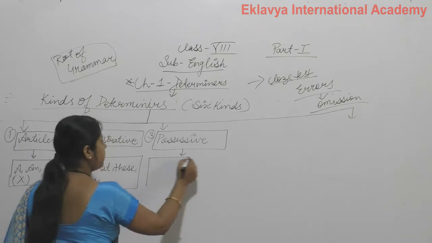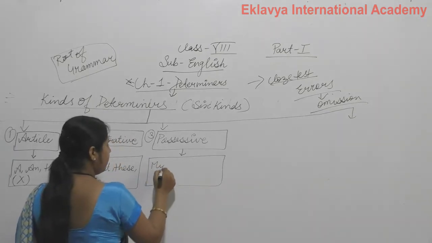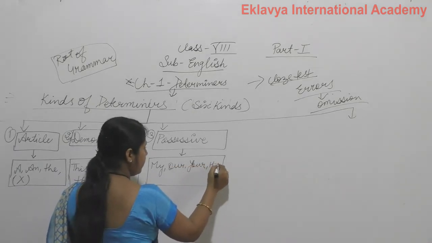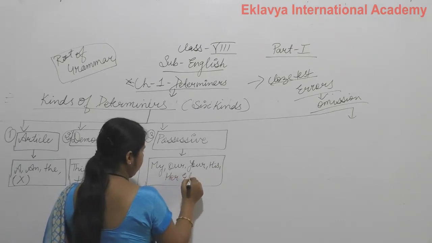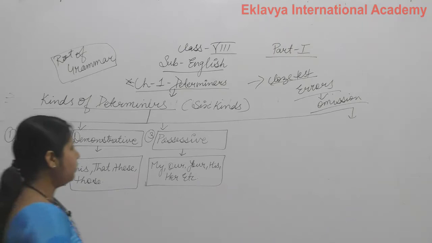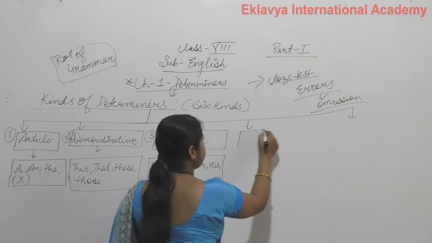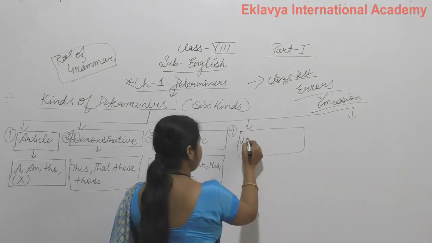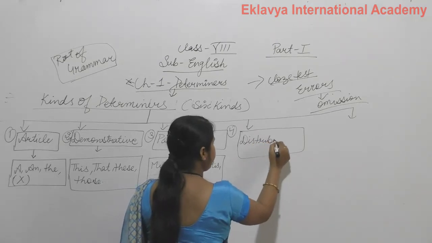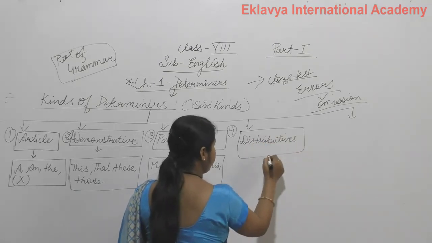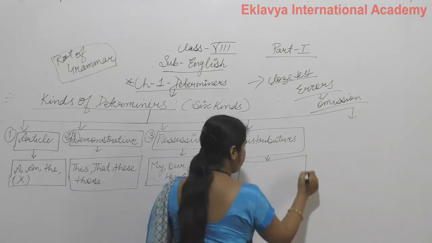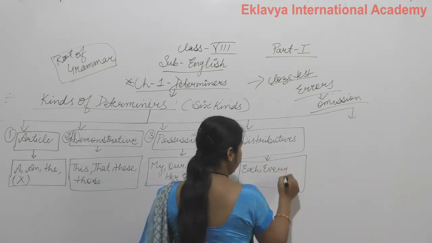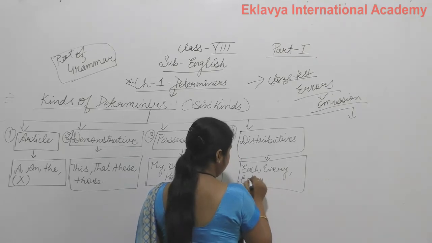This consists of my, our, your, his, her, etc. Fourth is distributive: each, every, either, neither.